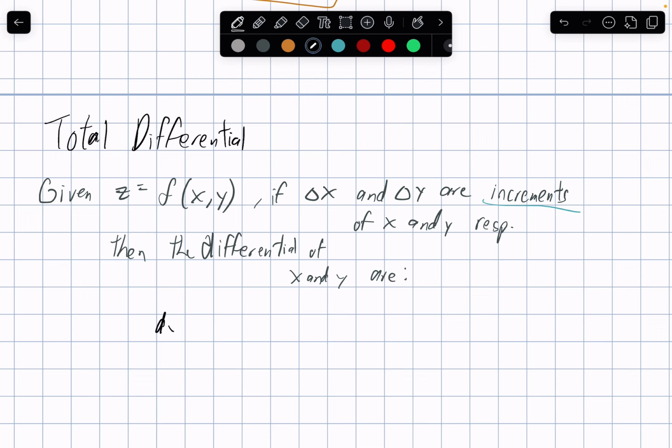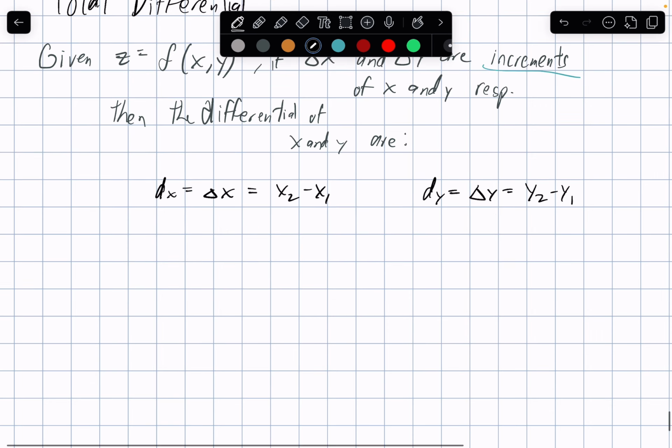We have dx is equal to delta x is equal to x2 minus x1. In the same way, dy is equal to delta y is equal to y2 minus y1. So the total differential of z is expressed as dz is equal to partial z over partial x times dx plus partial z over partial y times dy.